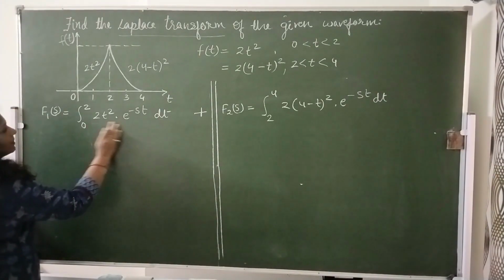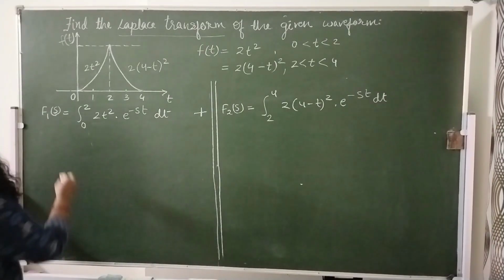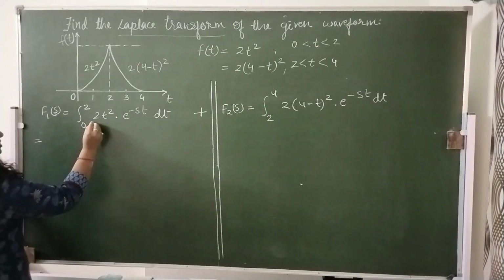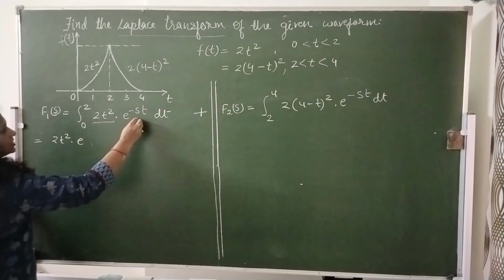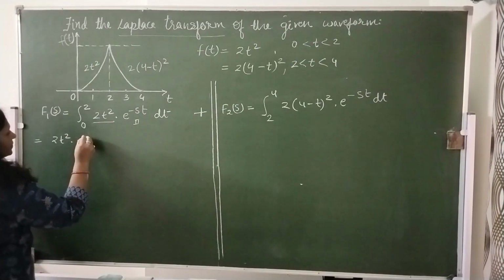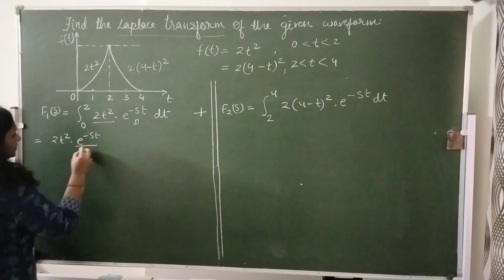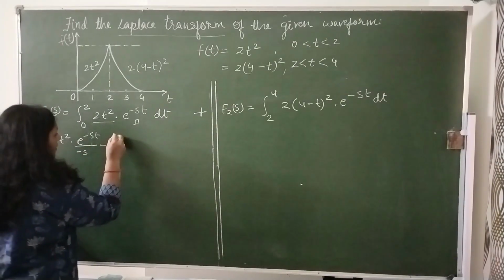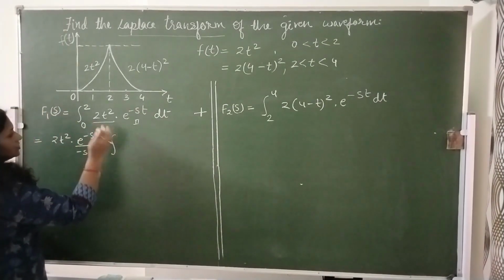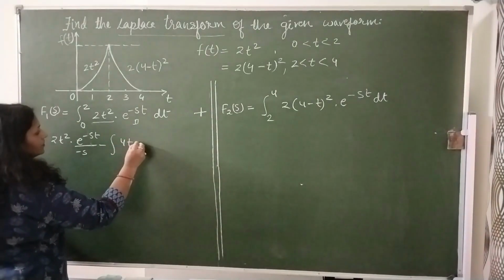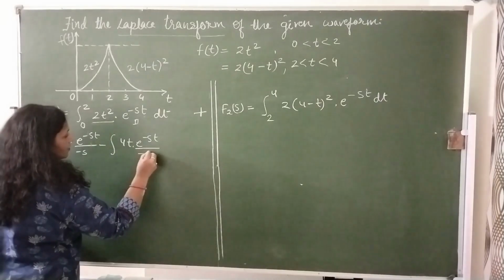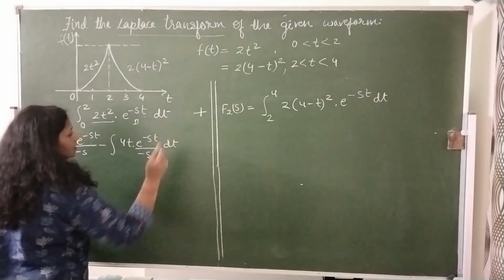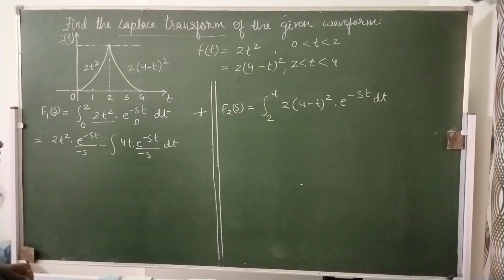So here apply the integration by parts. First function, then integration of this second function, then again differentiation of first function and integration of this second function, and then integrate it again.